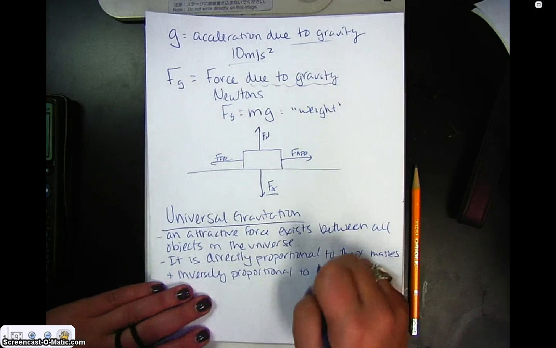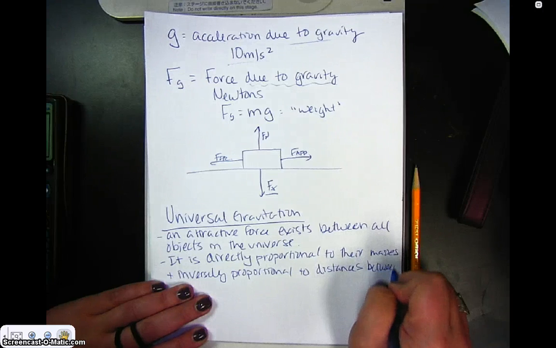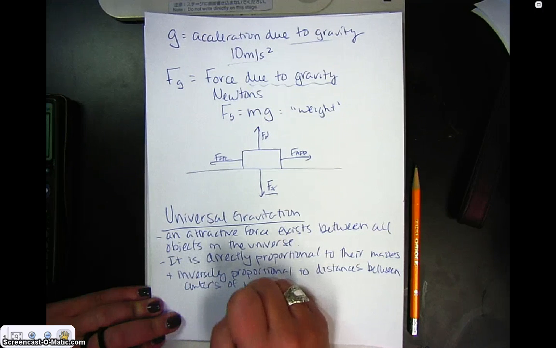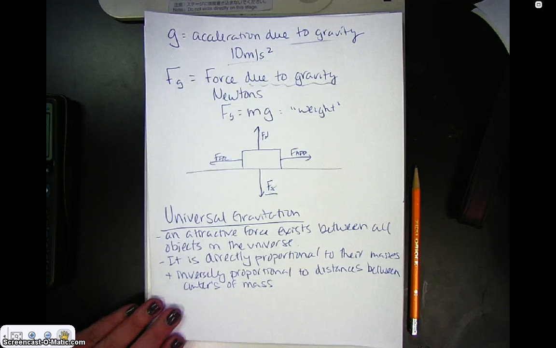We'll say distances between the centers of mass, and I'll talk about what that means in a second. So that's universal gravitation in words.